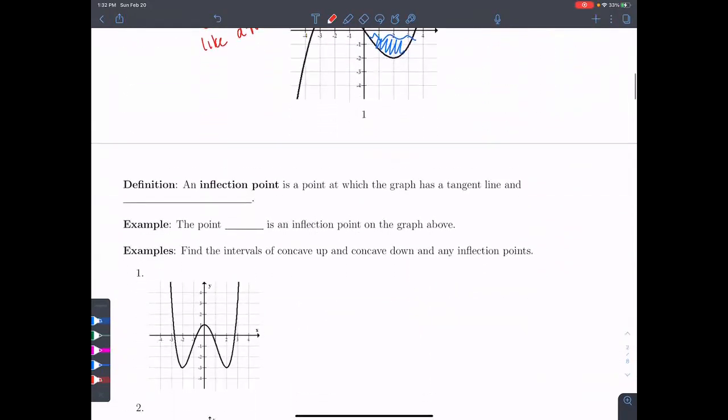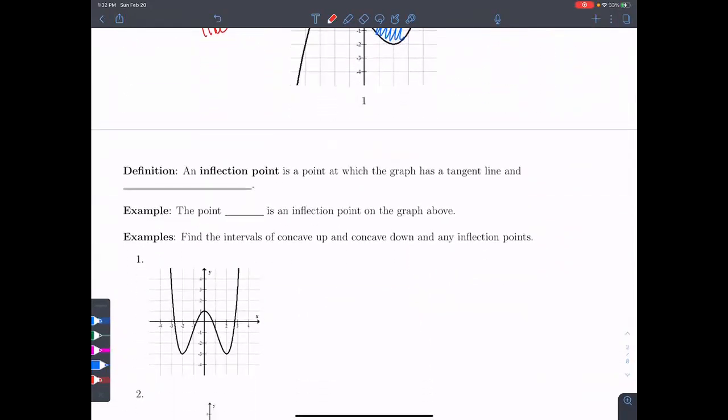So an inflection point is the point at which the graph has a tangent line and the concavity changes.